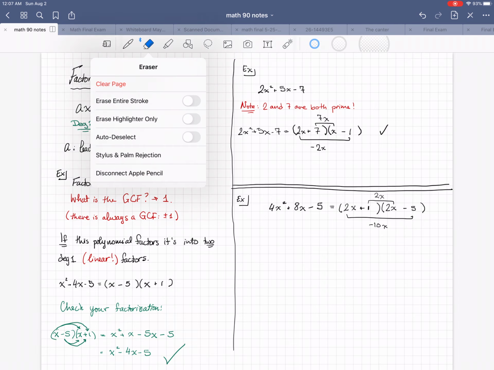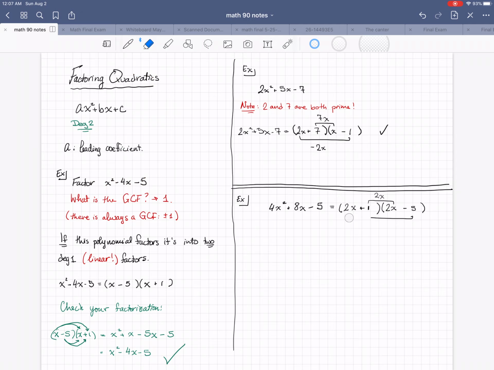Now, what I'm kind of hoping is that you all are sitting here thinking, oh, but because both of the x terms are 2x, I don't need to do that whole thing where I switch them around. So once you saw that plus 1 and minus 5 didn't work, you don't need to try the plus 1 in the other and the minus 5 in the other, because both of the x terms are 2x, so it won't change anything to do that.